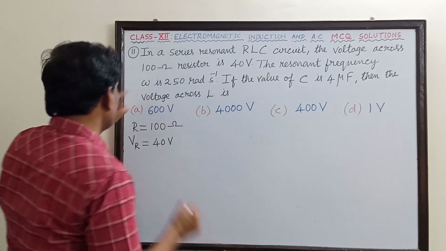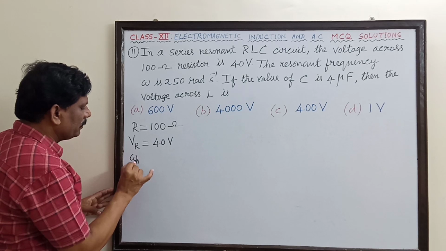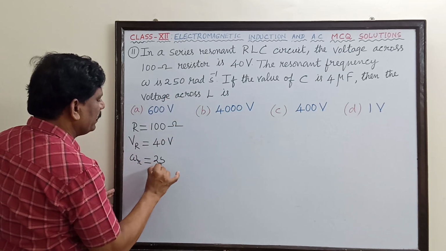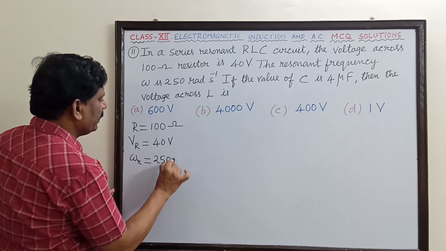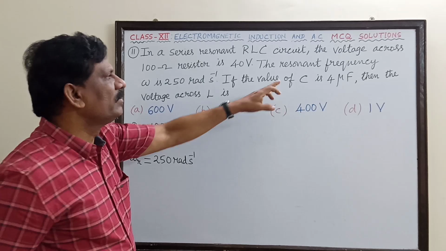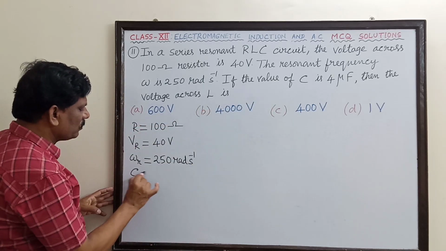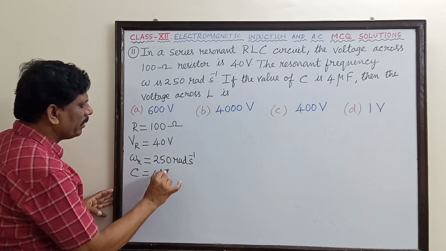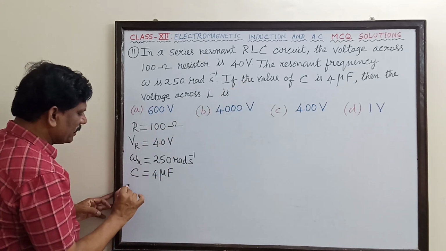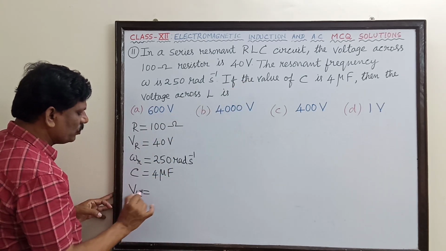Then the resonant frequency omega R is 250 radian per second. If the value of C is 4 microfarad, so C is equal to 4 microfarad. Then the voltage across the coil VL has to be determined.